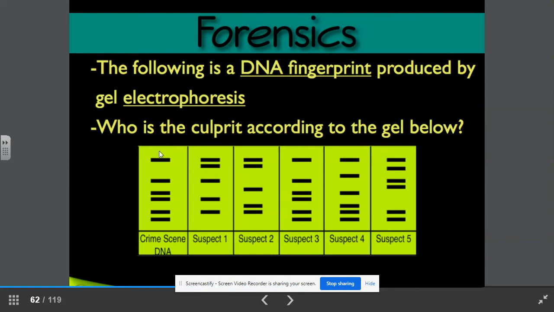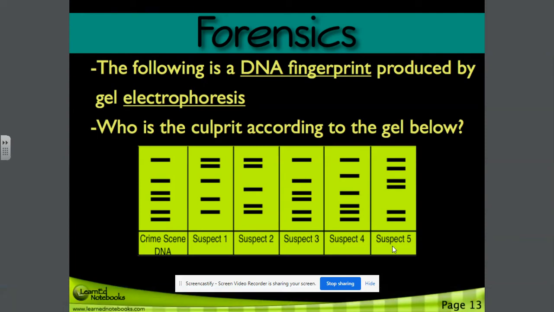Now let's compare this pattern to suspect 1's pattern, suspect 2's pattern, suspect 3's pattern, suspect 4's pattern, and finally suspect 5's pattern. Take a minute and look at that banding pattern and see which suspect matches the DNA that was found at the crime scene.